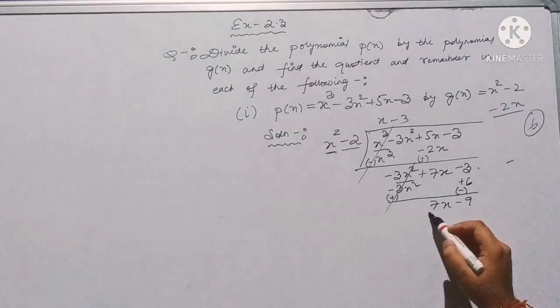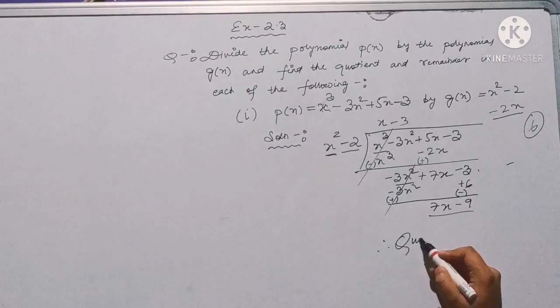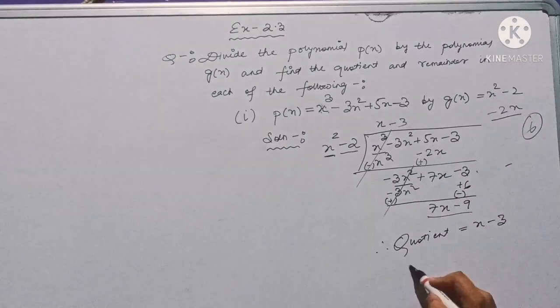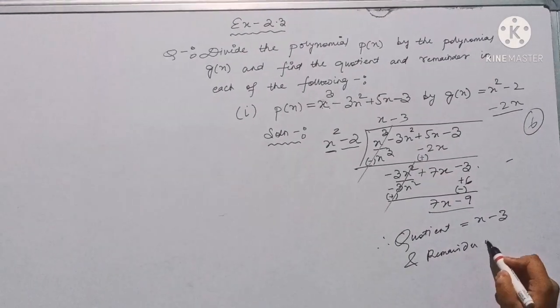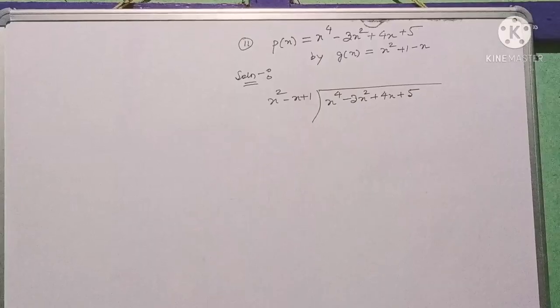So our remainder is 7x minus 9. Therefore you can write quotient is equal to x minus 3 and our remainder is 7x minus 9. As simple as that.